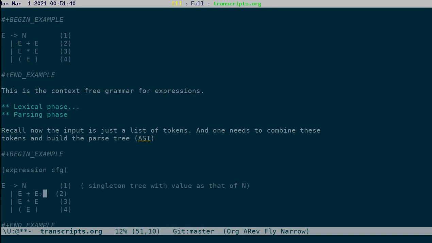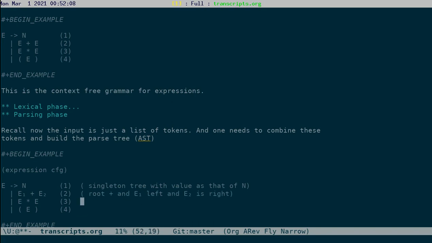So you have E plus E. Think of this as E1 and E2. So the value that you associate with E1 is a tree. Value you associate with E2 is a tree, and this tree's root has plus, and E1 is left, and E2 is right.